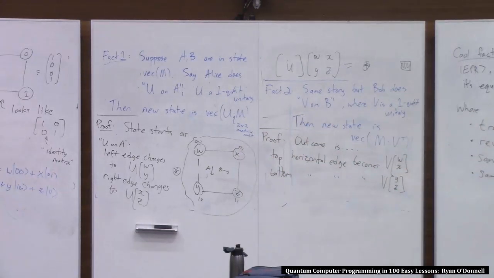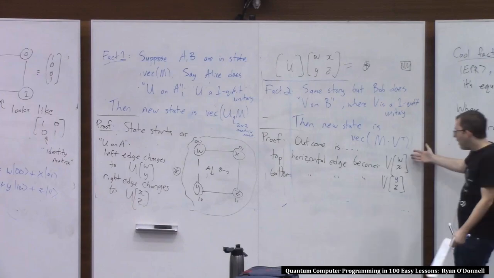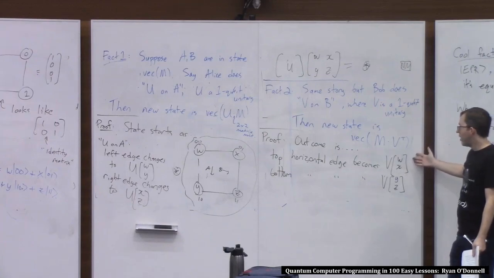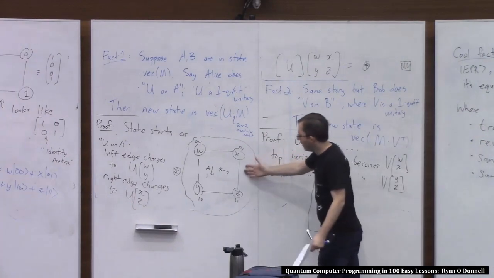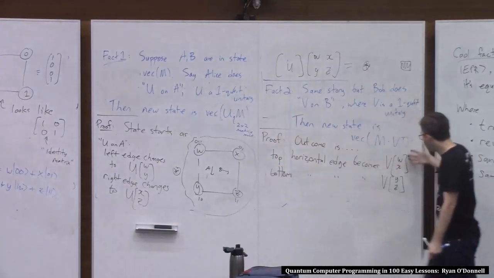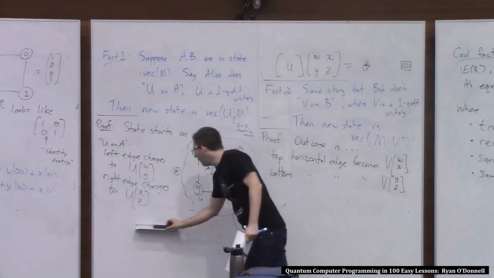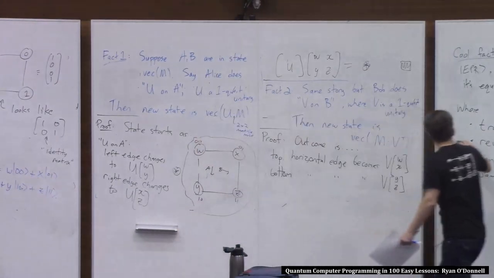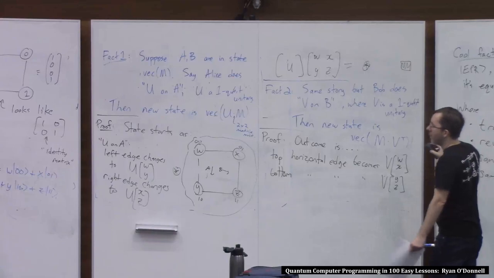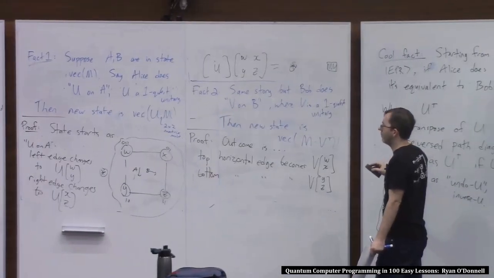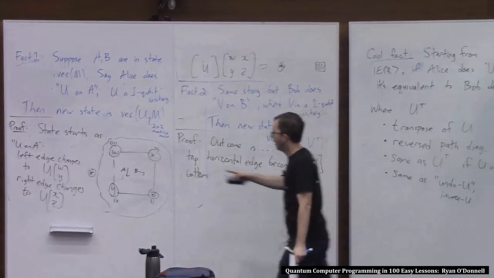But just in order to describe with matrix notation, how do you start from a 2x2 matrix that looks like this and accomplish this? Well, it's basically this. Let me not erase that. Okay, I'll put it here.